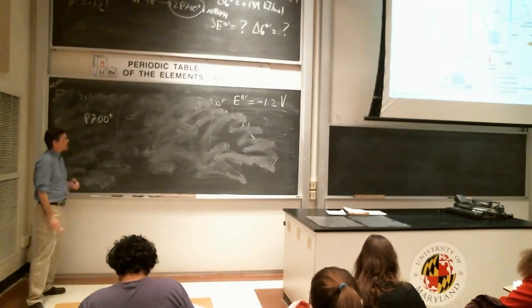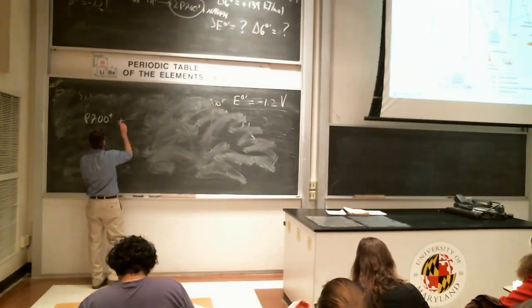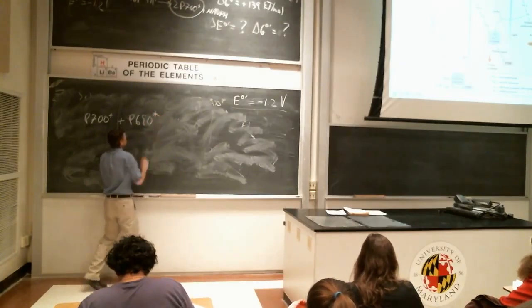So we do redox reactions to reduce P700 plus. So P700 plus is going to be the oxidizing agent, and the reducing agent is going to be P680 star.